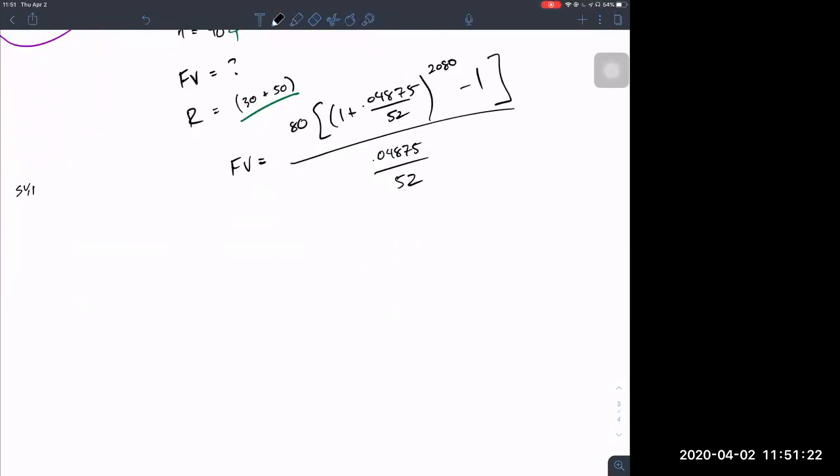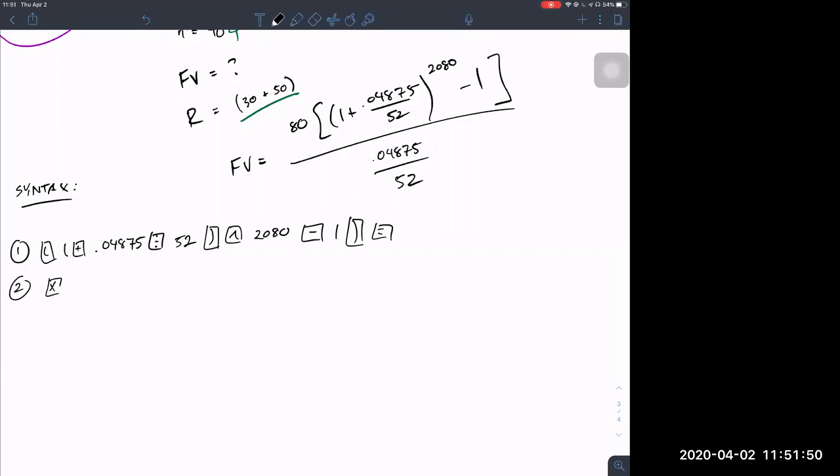So here's the syntax. Step 1: parentheses, 1 plus 0.04875 divided by 52, caret 2080, minus 1. Remember, this minus 1 is not in the exponent.